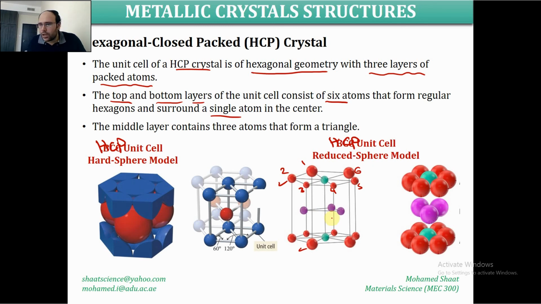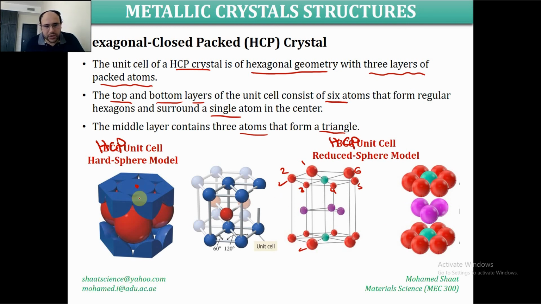But how about the middle layer? The middle layer contains only 3 atoms that form a triangular shape. So the middle layer contains 3 atoms that form 1 triangle. As already represented, all of these are different ways of representing the same hexagonal crystal structure.